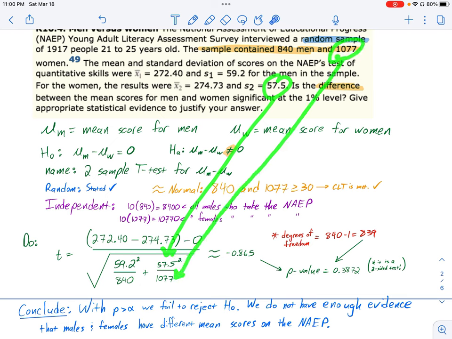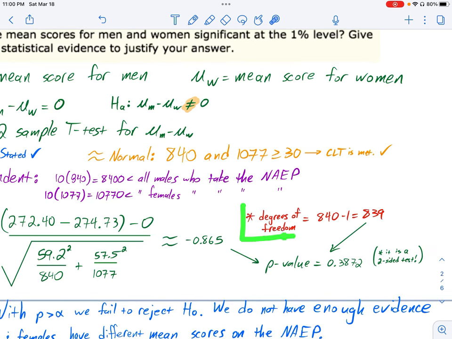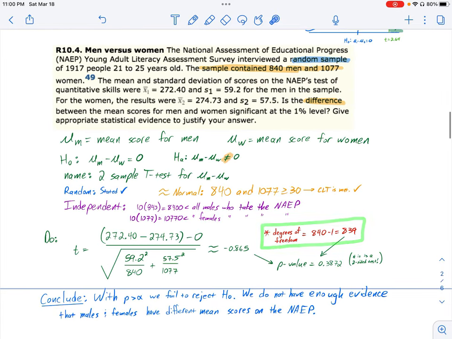You need to fill this out. Take your time, write that down. You don't necessarily need to crank this out by hand. I would use my calculator. It would be good to always list the degrees of freedom to show them I know what I'm doing. You look at the smaller sample size, not the bigger one, and you subtract 1.